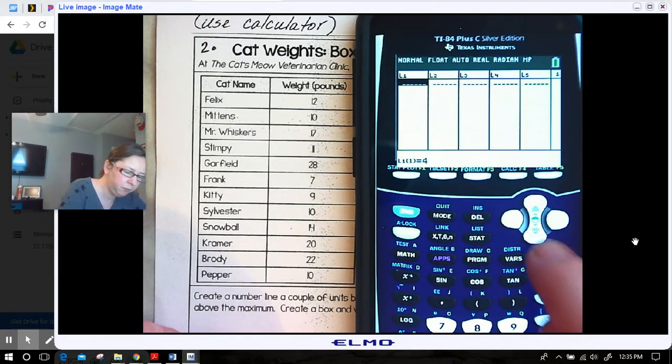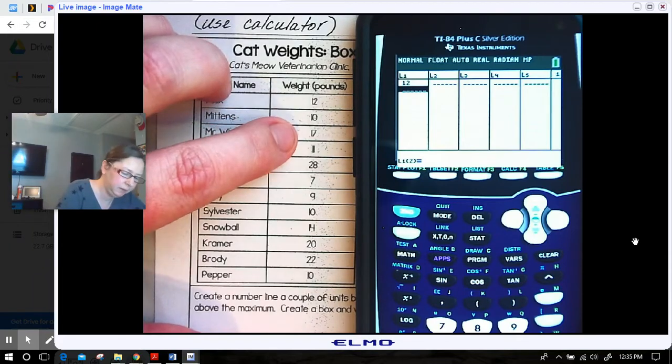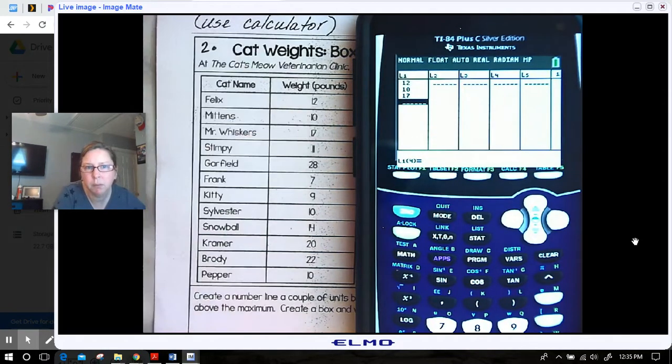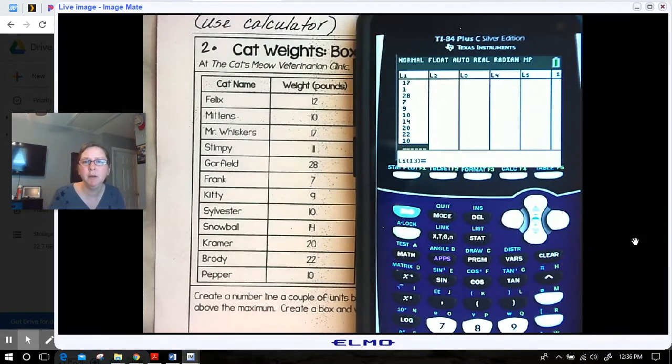So 12, let's see, 10, 17, I think that is a 1, a 28, 7, 9, 10, 14, 20, 22, and 10. Okay, so I've gotten all these in my calculator.